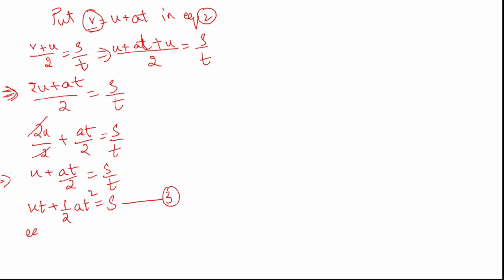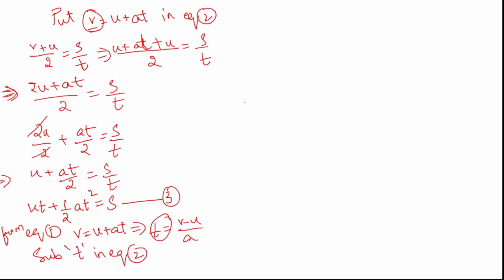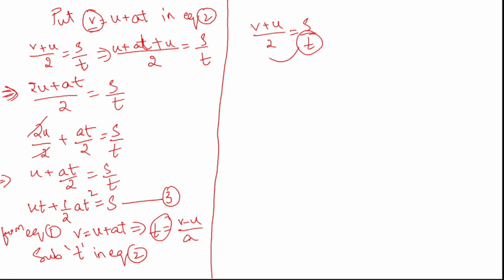Now again from equation 1, v equal to u plus at, we will take t separate. t equal to (v minus u) by a. Right. So now let us substitute this t value in equation 2. What is equation 2? (v plus u) by 2 equal to s by t. Right. So first we will take this t to the other side.